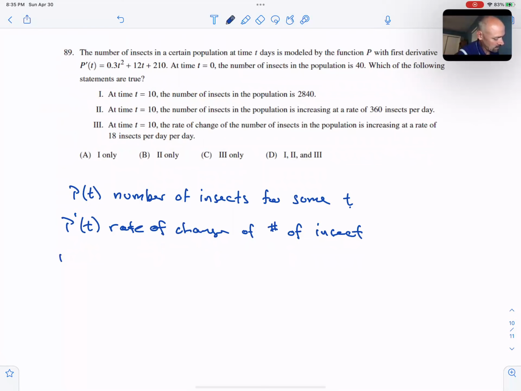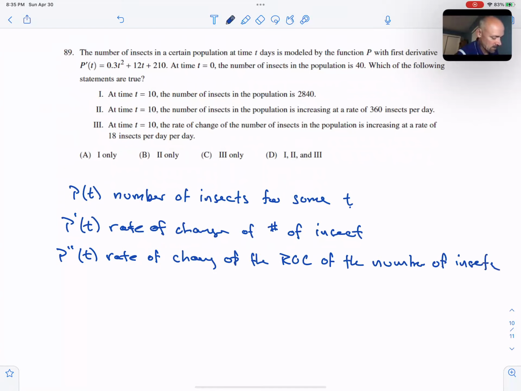And P double prime would be the rate of change of the rate of change of the number of insects for some time.